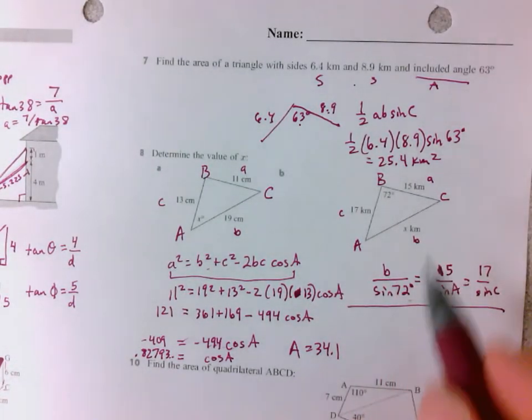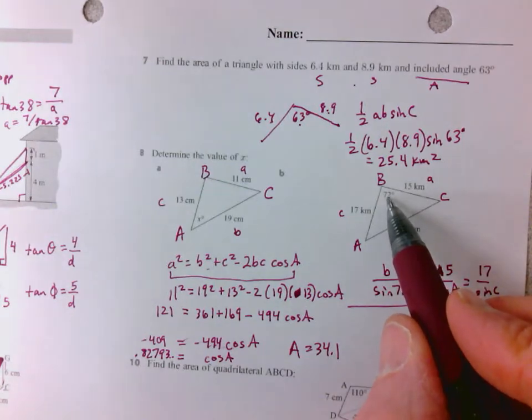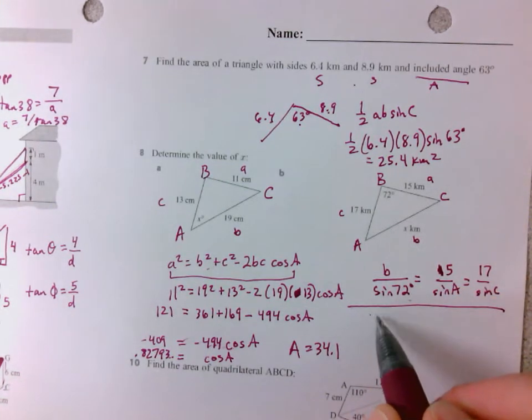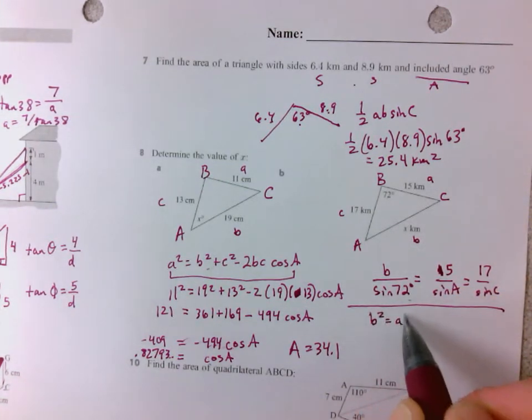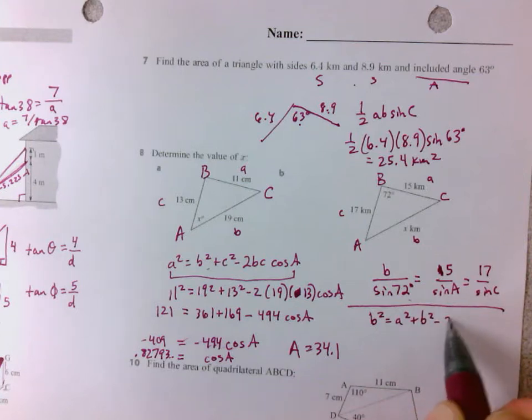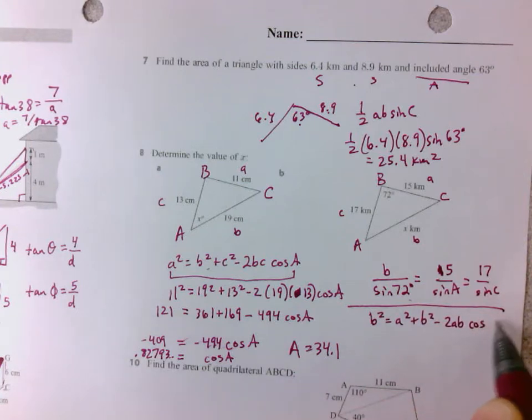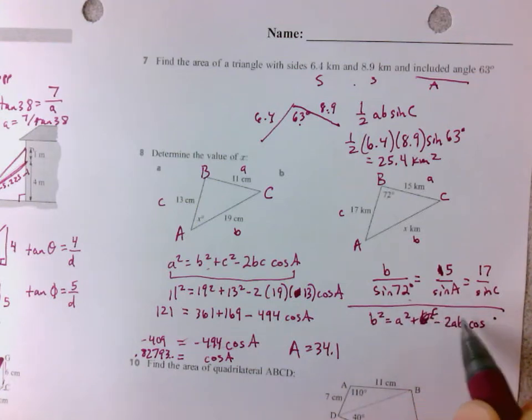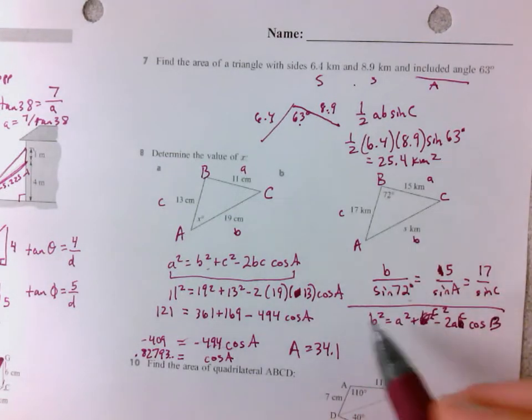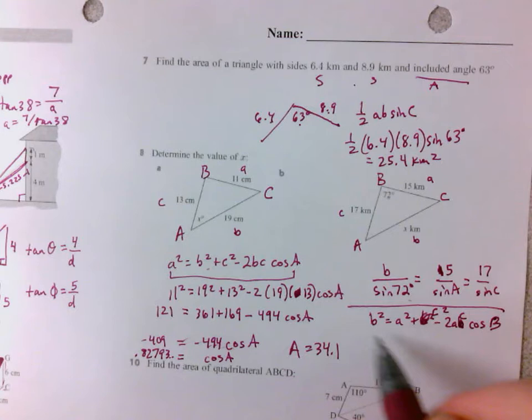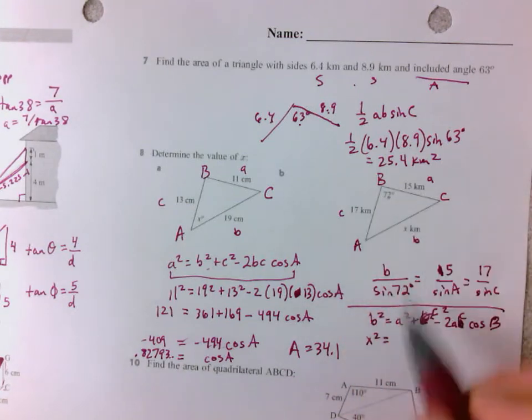So I'm going to do law of cosines again. I know the angle B, so I'm going to say b squared equals a squared plus c squared minus 2ac cosine B. So my angle B, I don't know what little b is, that's x. A is 15.